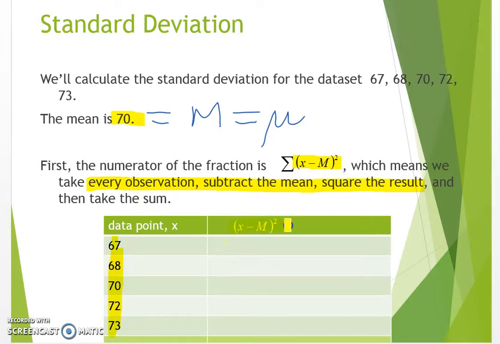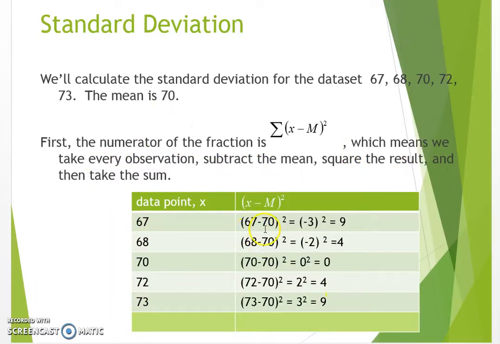So let's do x minus m squared first. The mean is 70, so we do 67 subtract 70, and then square that. You get 9. Next observation, 68, subtract 70, and then square that, you have positive 4. 70 subtract 70 squared equals 0. 72, the same thing, you get 4, and 73 is 9.